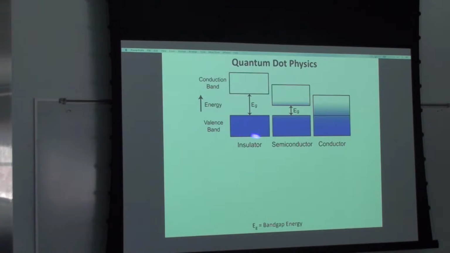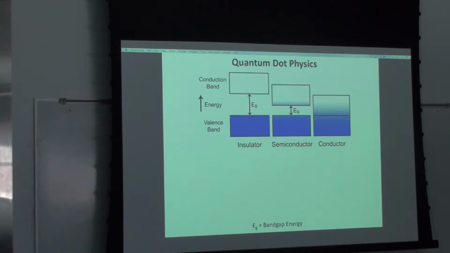So basically, in an insulator, what's shown here in blue is where you have electrons. These electrons are at a lower energy level. And then you have another energy level above that at which they can exist. And in an insulator, there's this difference in energy between this filled electronic energy level and this empty one.